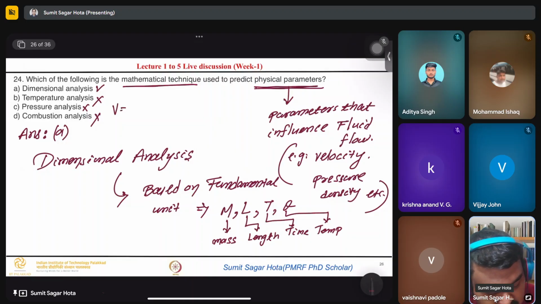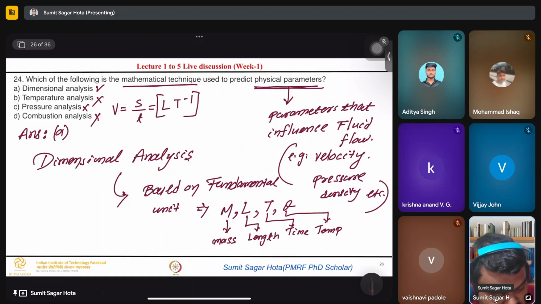V is equal to s by t, so length L and time T, so L T inverse is the dimensional formula of velocity.